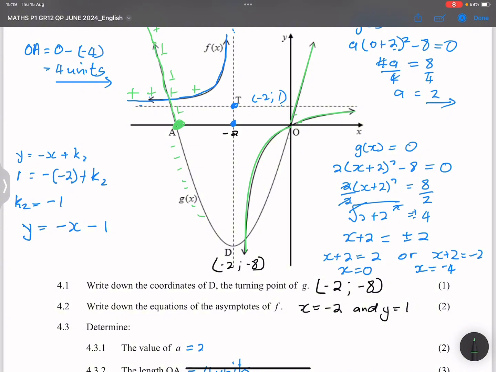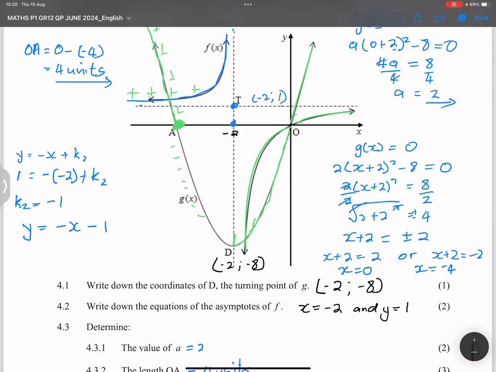The graph of f becomes negative, and the graph of y, f of x, also is negative there. Okay, so we're going to exclude that value, which is negative 2.